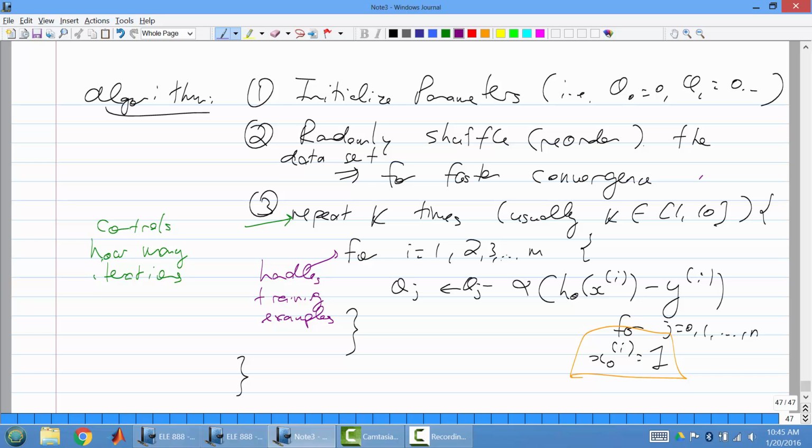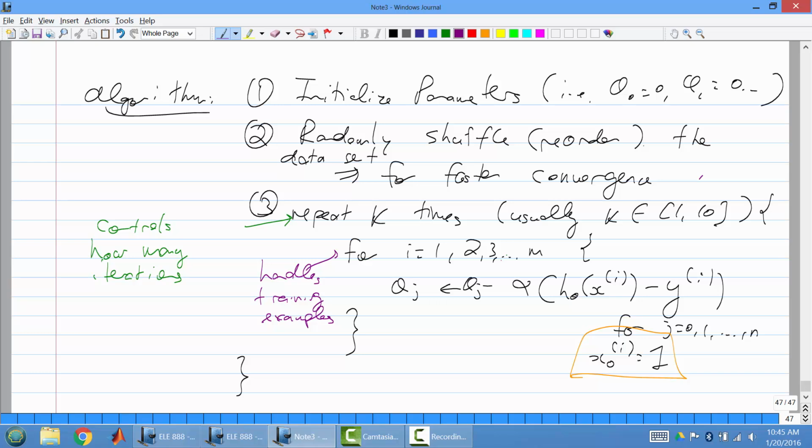Then you use the next training example, 2, to update the parameters. You cycle from the first up to the last, updating the parameters that way. Once you finish the entire data set, you go back to the beginning and start again, between 1 and 10 times. It depends on the problem at hand. So that's what stochastic gradient descent would be.